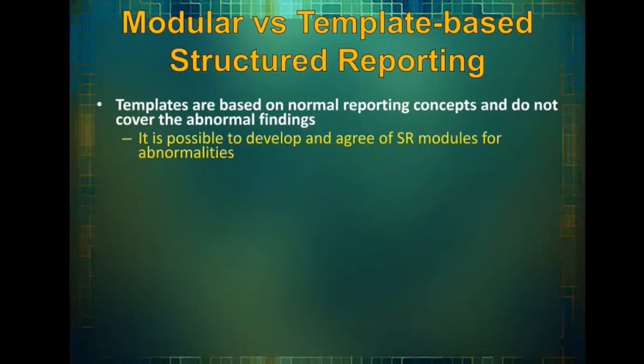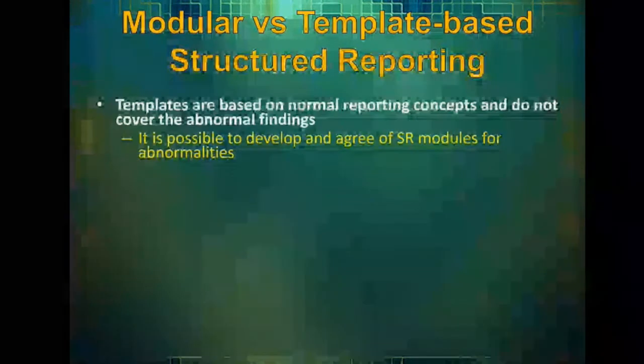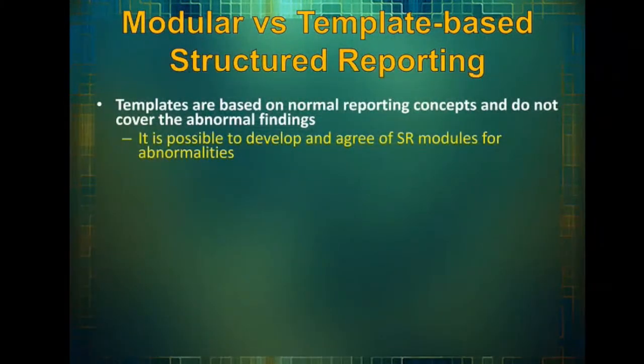For example, we can have a repository or a library of abnormal findings. Let me give you examples: a nodule, a fracture, a focal finding, a parenchymal change in the brain, or a nodule in the thyroid. All of them can have their own particular module for description in a structured manner, and then they can be inserted into any kind of report that is being composed.